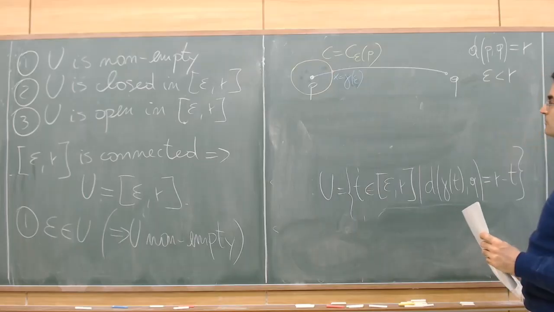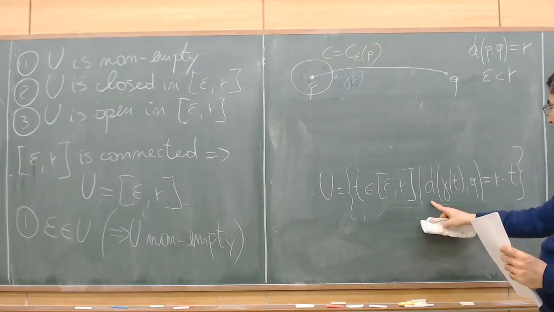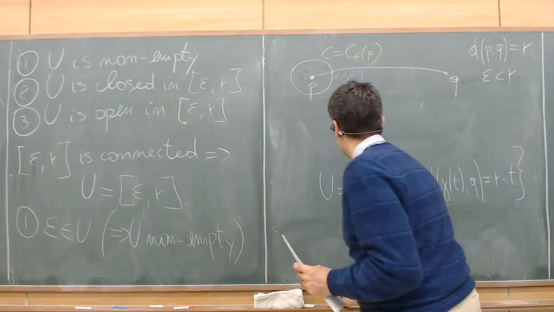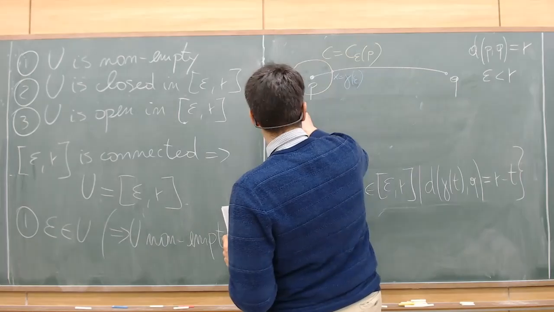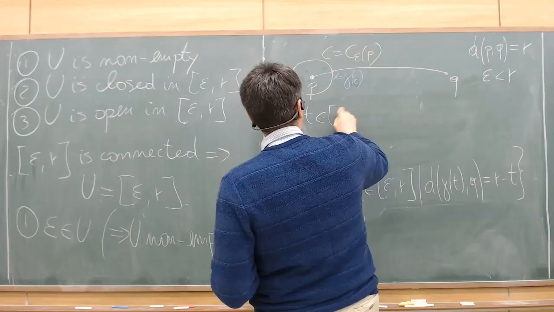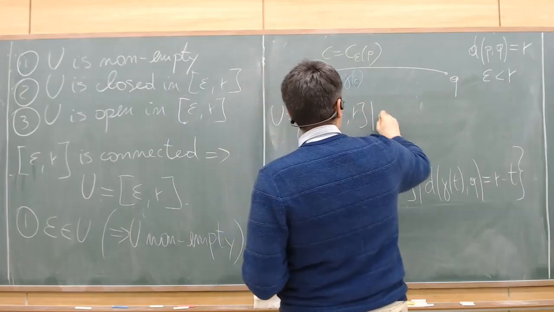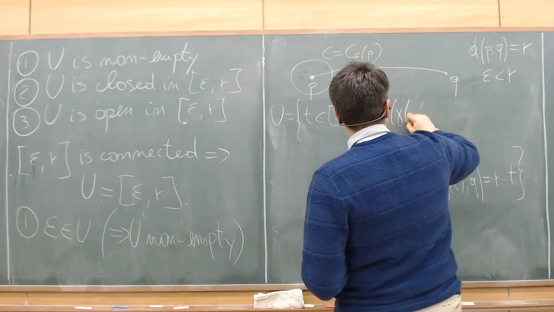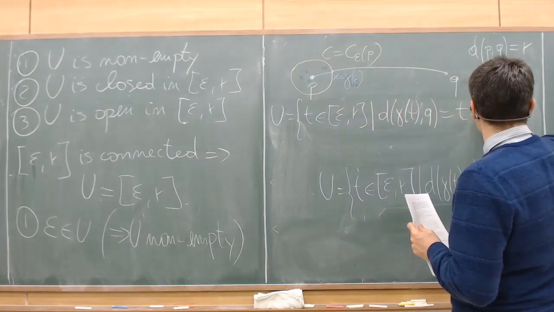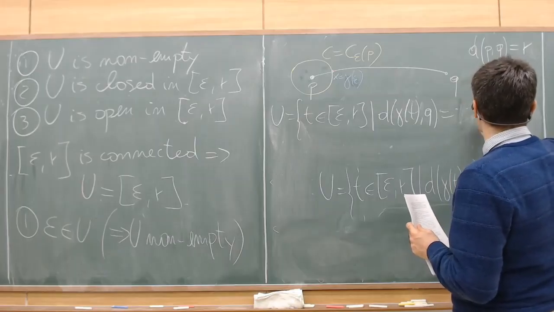Maybe it's a good idea to copy the definition of U here. U equals the set of t in [epsilon, r] such that the distance between gamma(t) and Q is r minus t.